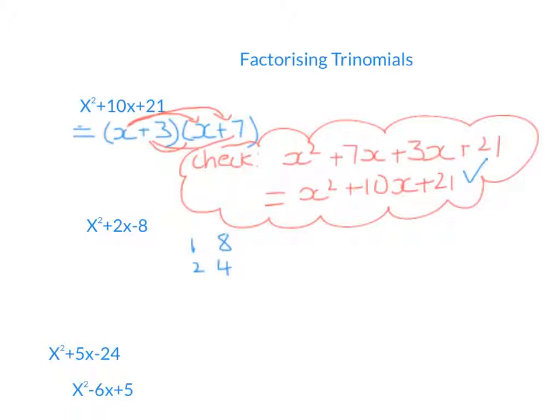So I've got 2 and I've got 4. If I do negative 2, positive 4, that's 4 take away 2, I'm going to get positive 2. So I'm going to use negative 2 and positive 4 as my brackets.